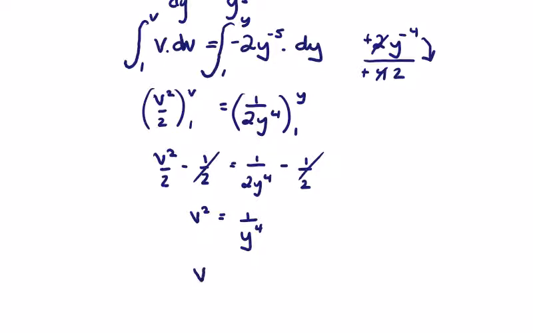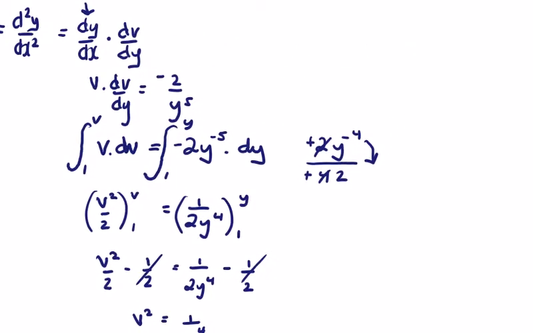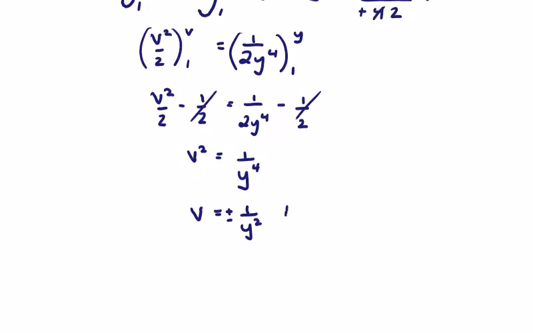So again, the square root of both sides, v is equal to 1 over y squared. And the plus and minus version of this, what are we told about this? We're told v is 1 and y is 1, so we can reject the negative. And we can say that v is equal to 1 over y squared.